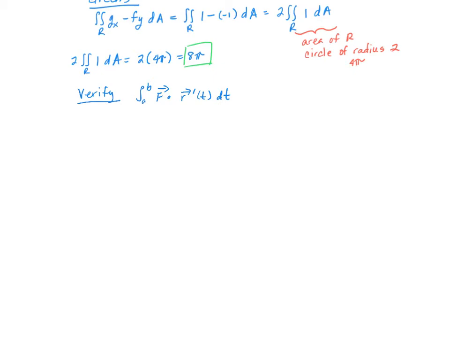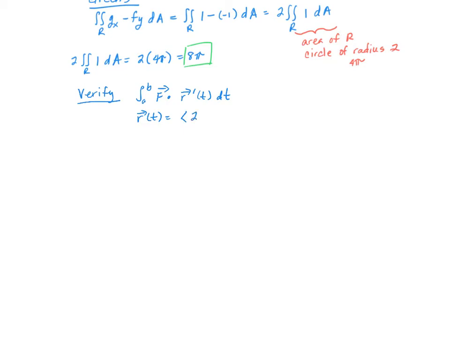So in this case, the region is this disk. It's the circle and everything inside it. But if I was to describe the curve, it would be what encloses the region. So that would just be the circle, not everything inside, which tells me that my curve r is going to be the circle of radius 2.